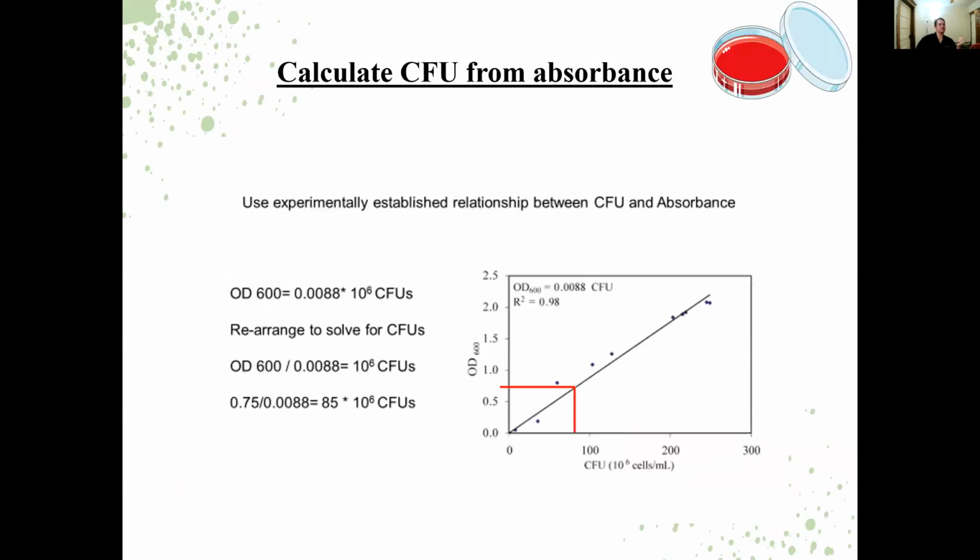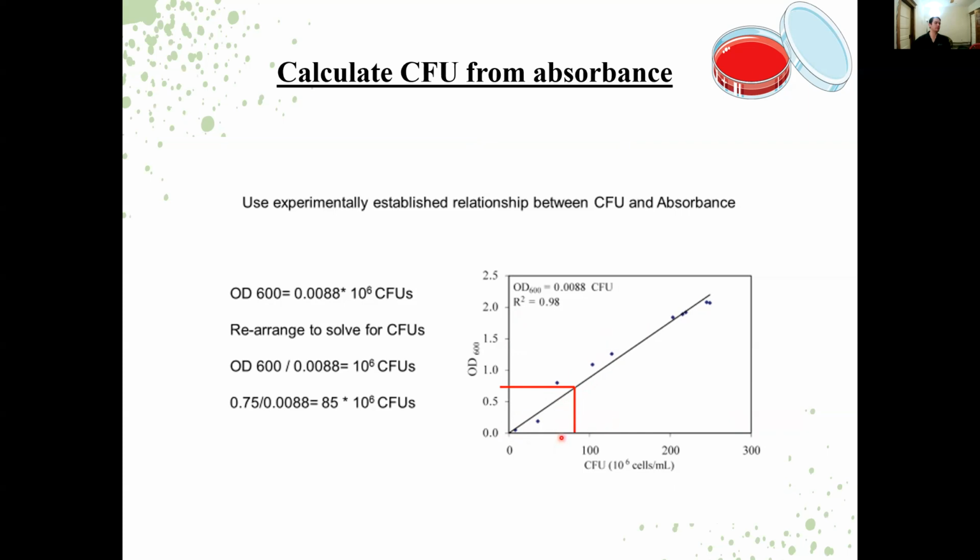So here's a nice example of how we would do that. You can use this experimentally established relationship between colony forming units and absorbance. Remember this graph over here, and then you can solve for CFU. This is your original equation, derived from the gradient of your line.